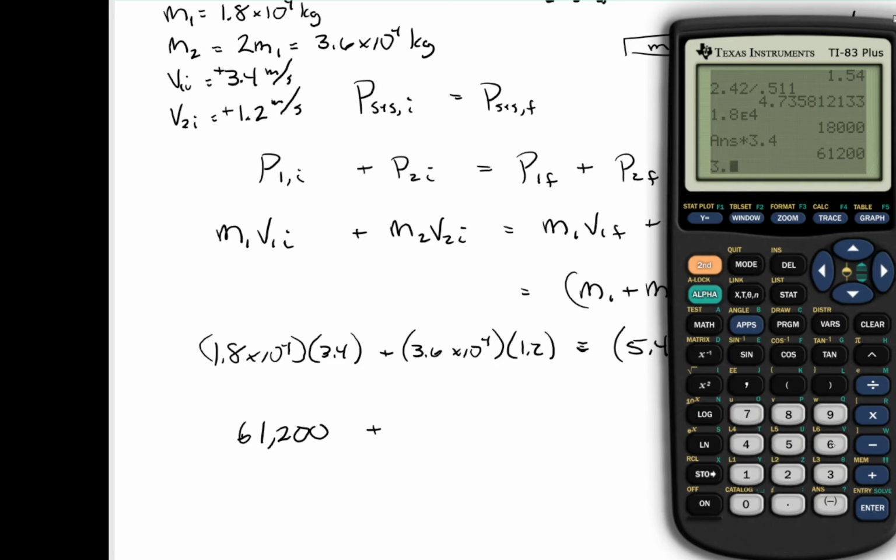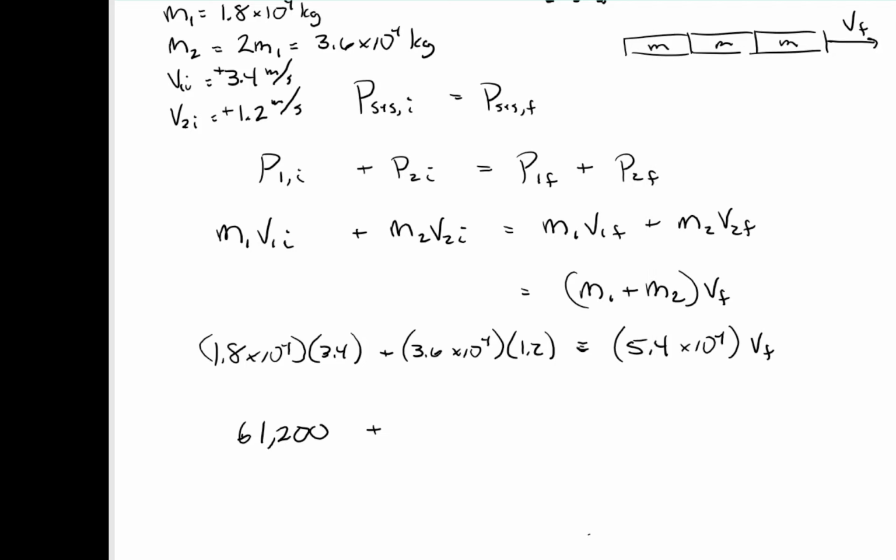That would be 3.6 second e to the 4 times 1.2. That's the velocity of the second set, 43,200. And that is equal to 5.4 times 10 to the 4 times that final velocity.